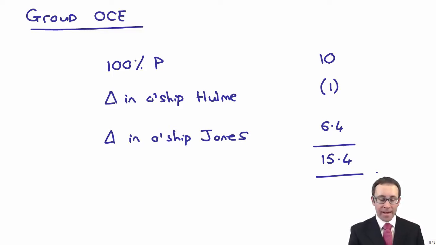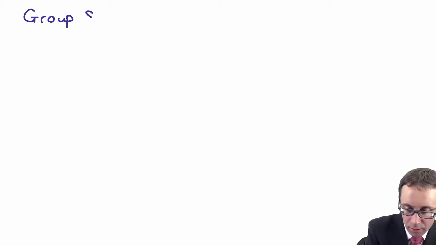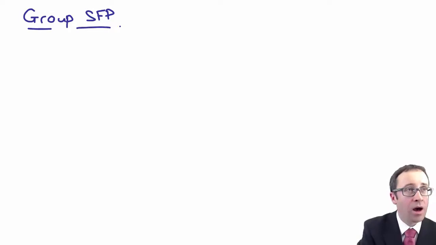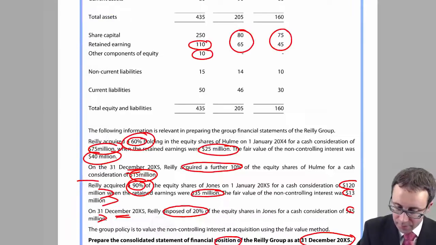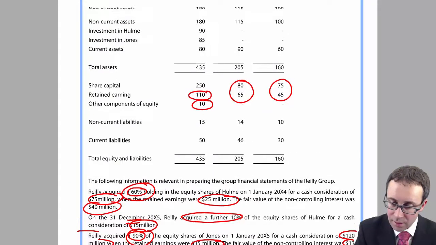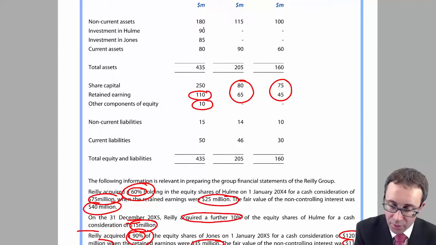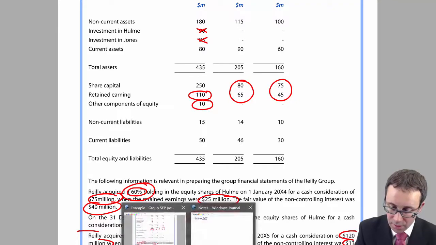Okay. If we then pull it all together, what have we got? We're looking at the group statement of financial position. We go through that and begin to consolidate. So we've got the non-current assets that we can add across, and the current assets. We can ignore those investments in Hume and Jones.